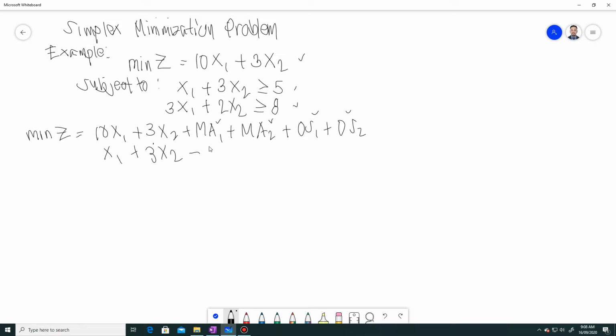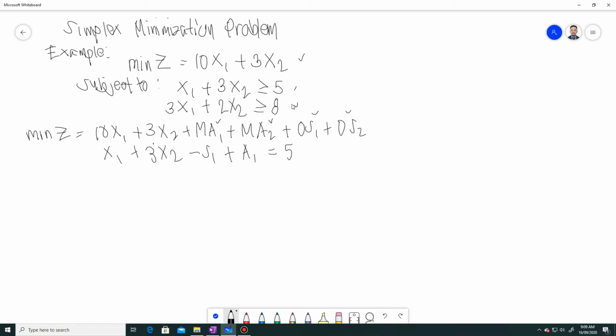For the first constraint we have slack s1, and then we also include an artificial non-negative variable, a1, and we change the inequality to an equal sign, equals 5.